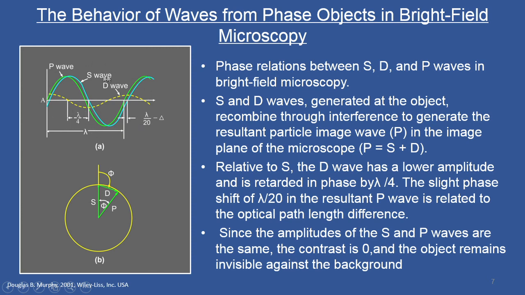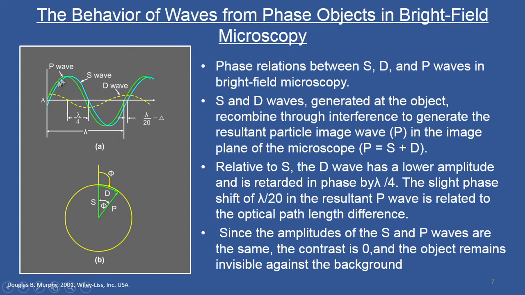To understand this, look at this schematic carefully. See, this distance is lambda, and when you compare this lambda distance with the other waves, you will be able to see the retardation, lambda by 20 or lambda by 4 and so on.